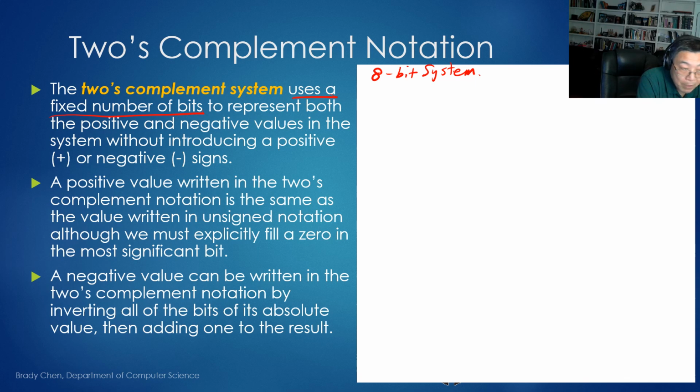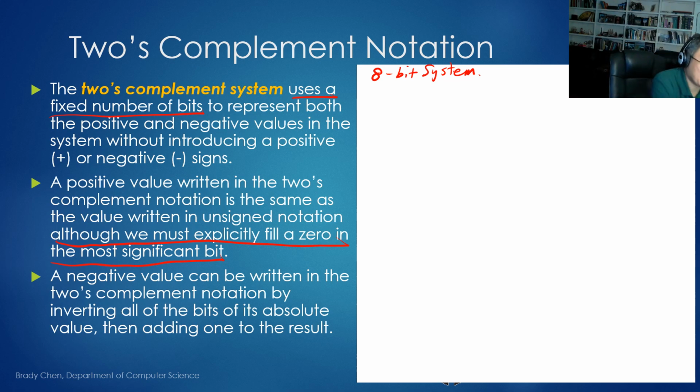Now, in the 8-bit system, a positive value written in two's complement notation is basically the same as the value written in the binary system, although we may explicitly fill a 0 in the most significant bit to make the whole number 8 bits.